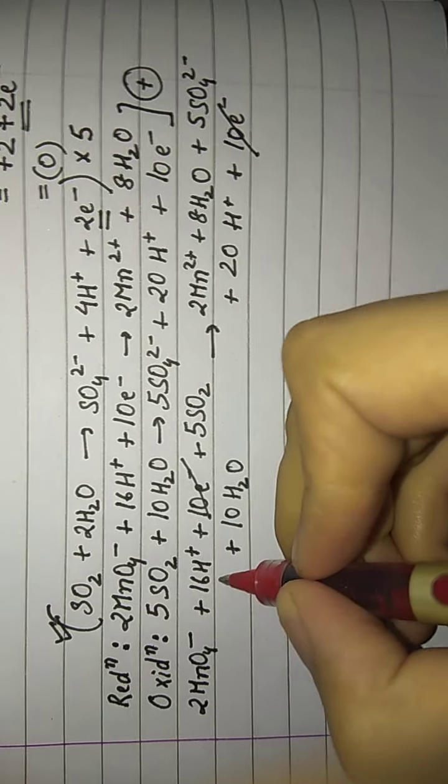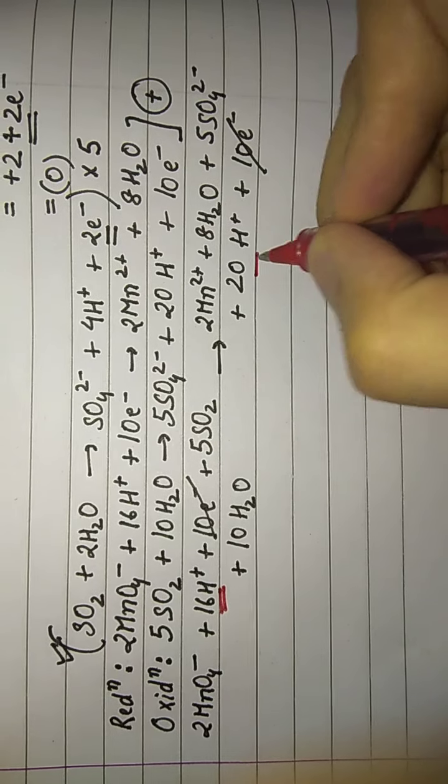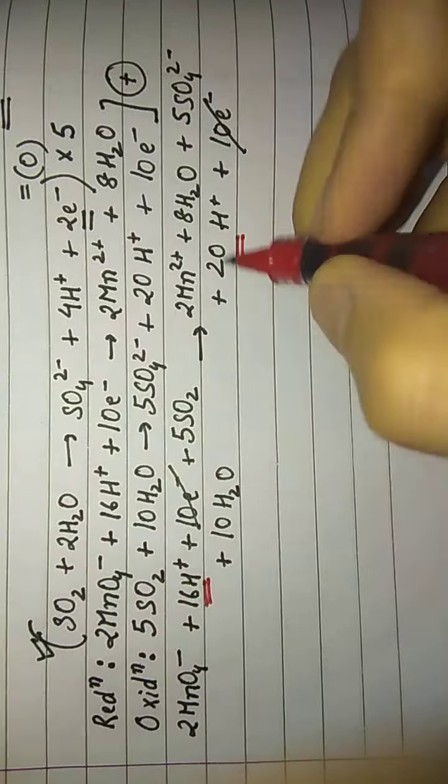Okay, now let me check for H⁺. I have H⁺ on the left hand side, and I have some number of H⁺ ions on the right hand side also. So this is 20 H⁺ and this is 16 H⁺. I can simply take this 16 from the left hand side and subtract it from 20.